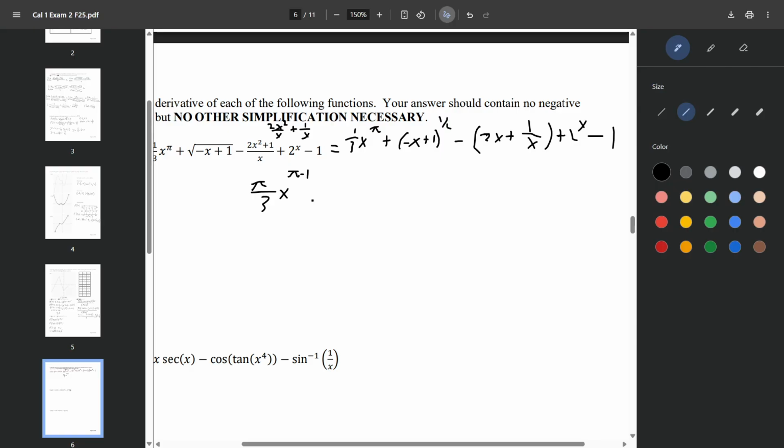The second part will be minus 1 over 2 root negative x plus 1, because when we multiply this down, the new exponent is going to be negative 1/2.